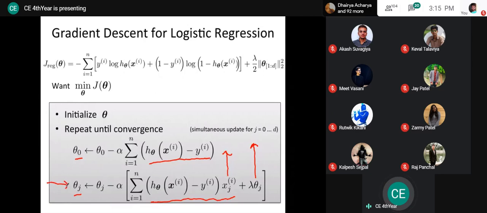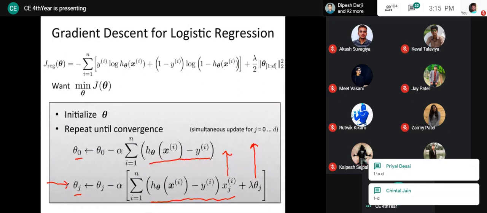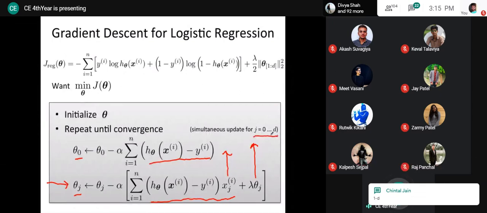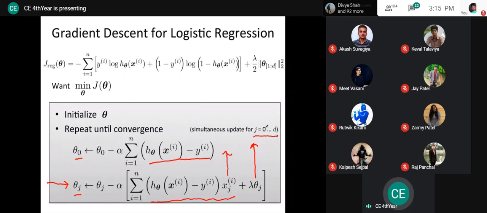In this case, what is the range of j? That is 1 to d, right? So don't confuse that. Over here it is written j is 0 to d, but for this 0 we have a separate equation, right?